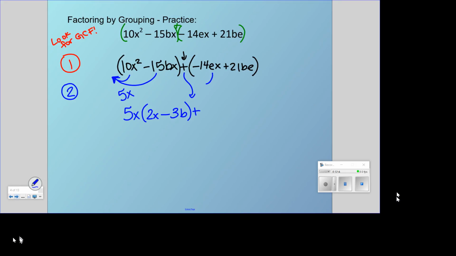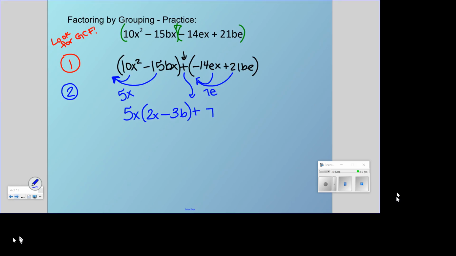And now we factor the GCF out of these two. They both share a 7 and they both share an e. Now, let's just explore and look at this. So maybe don't copy if you're writing this down on paper just yet, because we're going to talk about this negative sign in a moment.